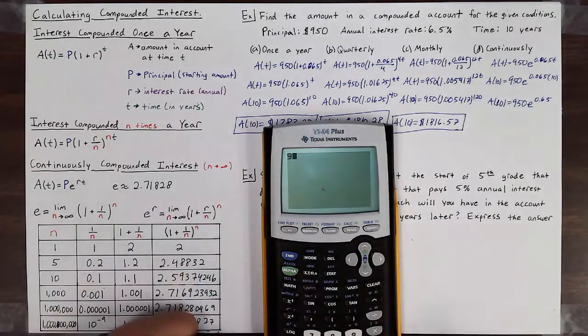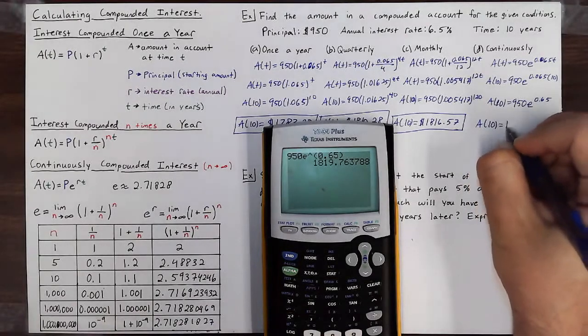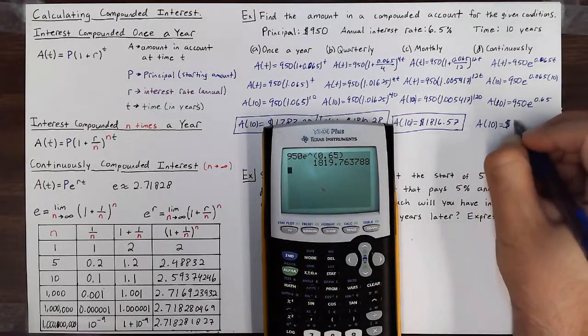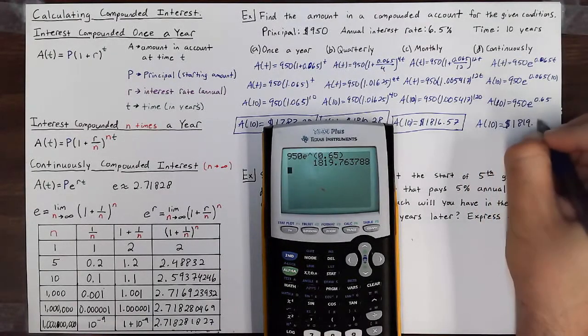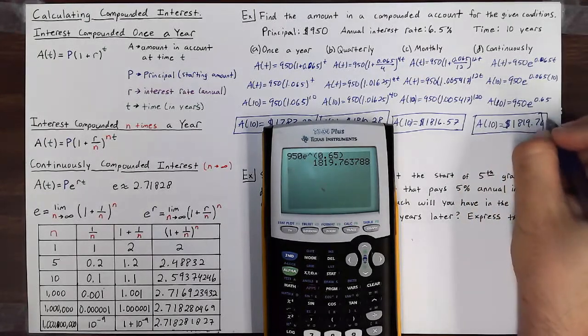And doing this, I get A of 10 is equal to $1,819.76.